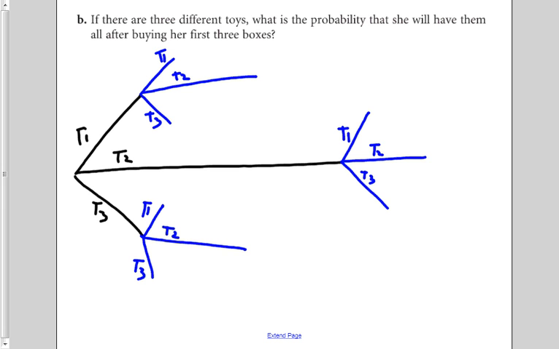Now, let's open the third box here. I could still get a toy 1, 2, or 3.